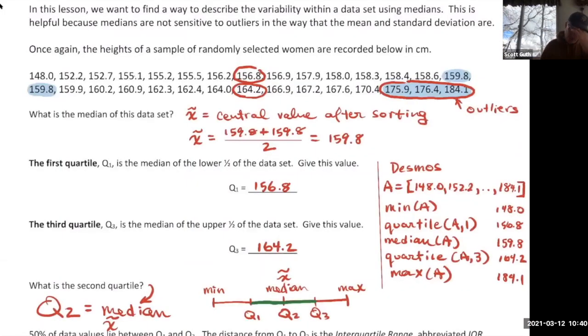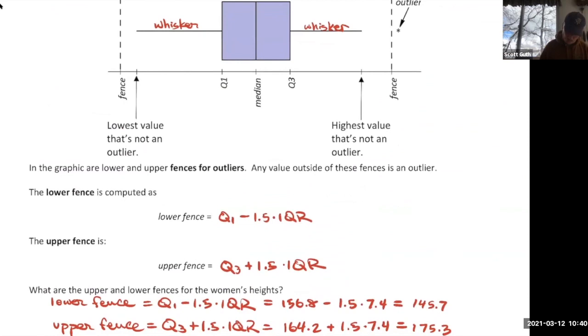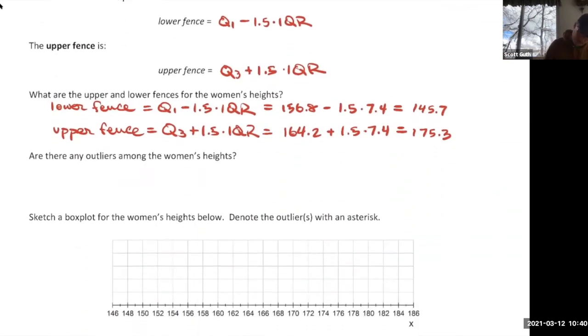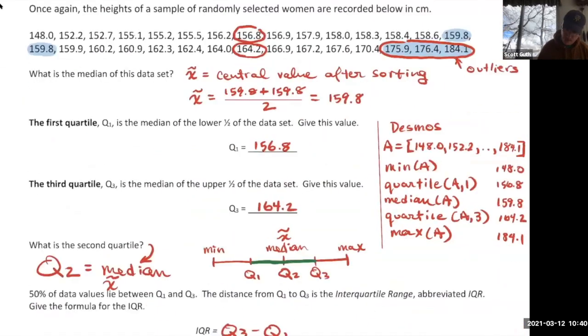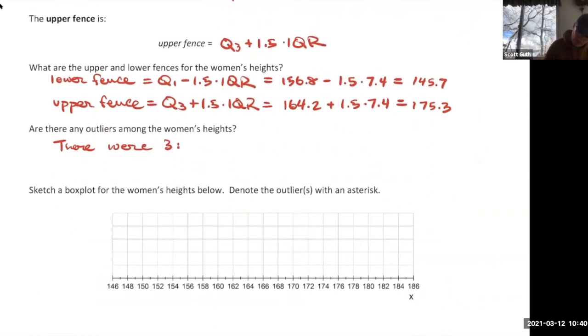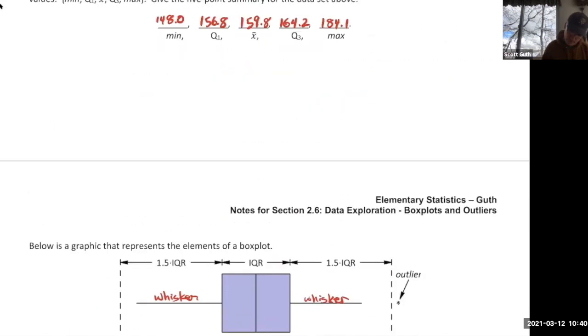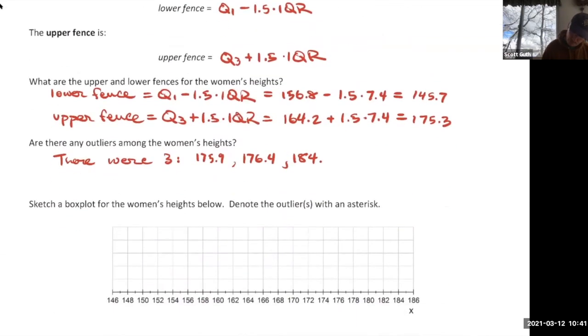So again, I'm going to copy these down. They were 175.9, 176.4, and then the 184.1.